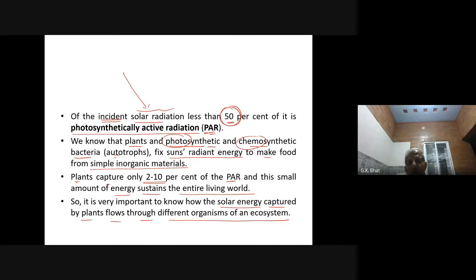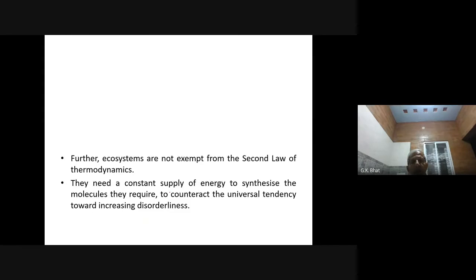We are now looking into how the solar energy captured by plants flows through different organisms of an ecosystem. Further, ecosystems are not exempt from second law of thermodynamics.